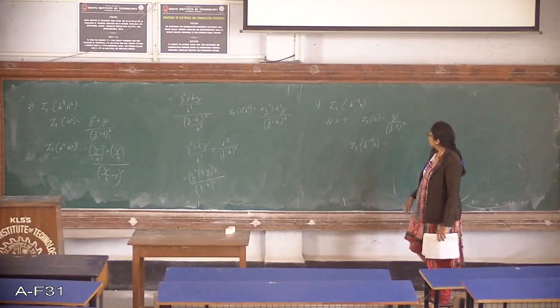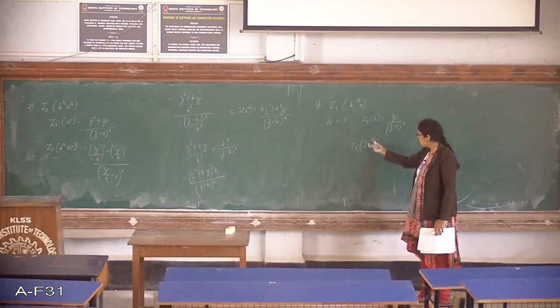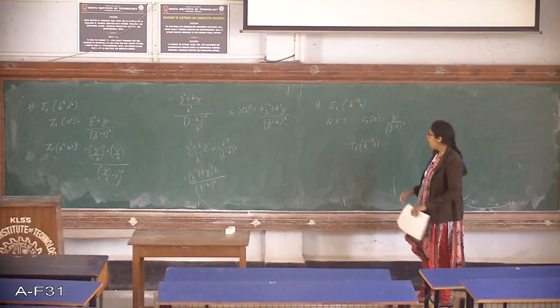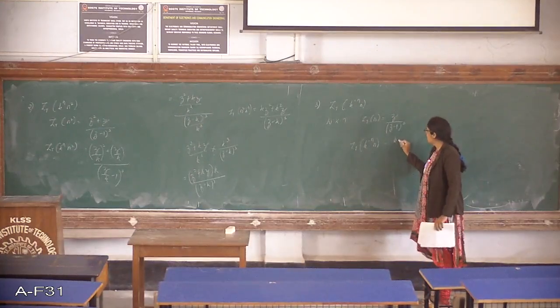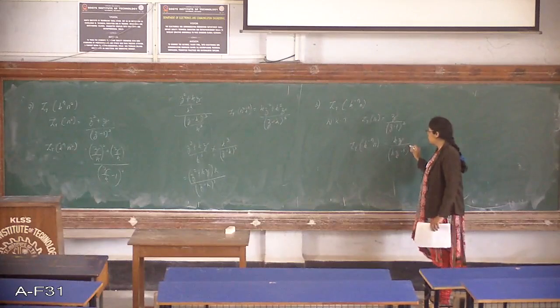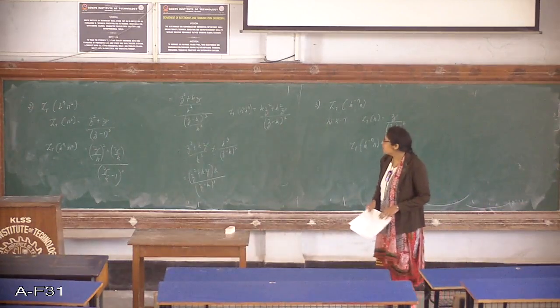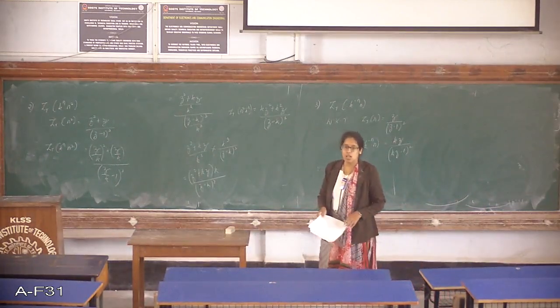Now if n is multiplied with k raised to minus n, all your z's are replaced by zk. So this is zk divided by zk minus 1 the whole square. So these are few examples on how damping rules are used.